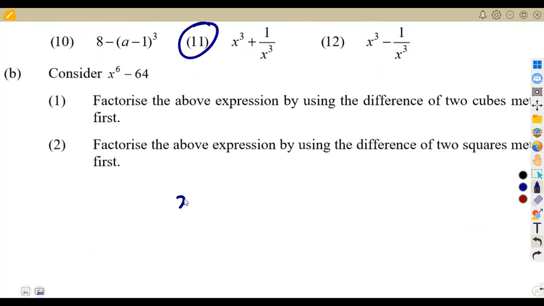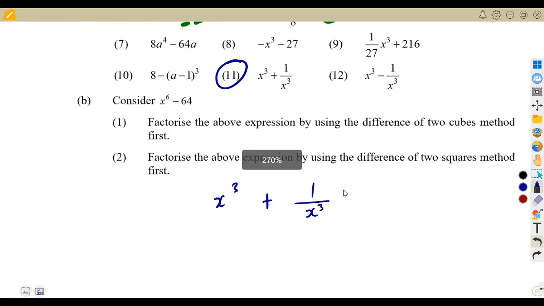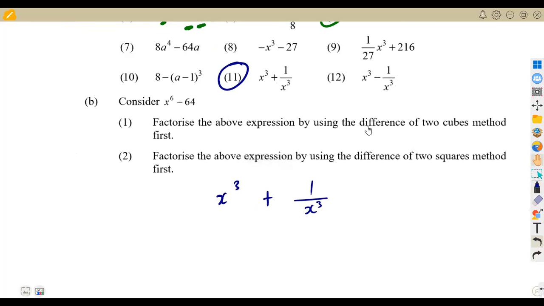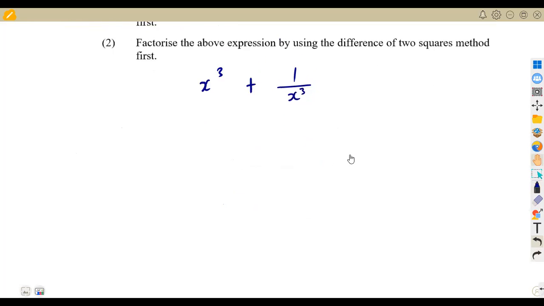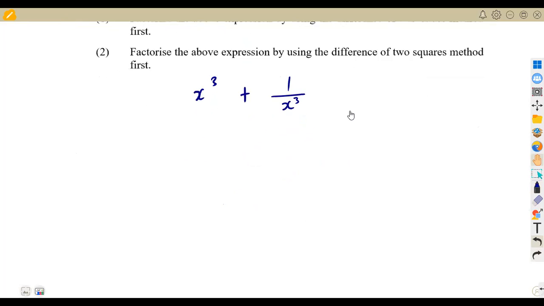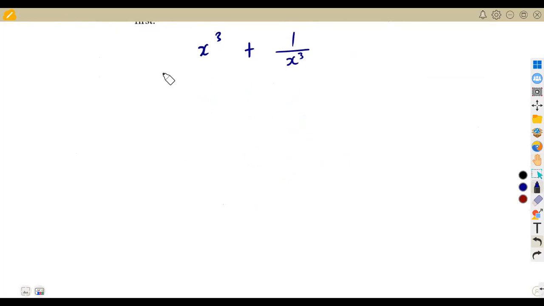That's x to the exponent of 3 plus 1 over x to the exponent of 3. All right, so it is the same situation that we had from the previous questions, guys. So this is question number 11. Remember what I said.